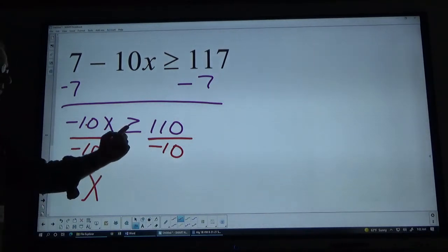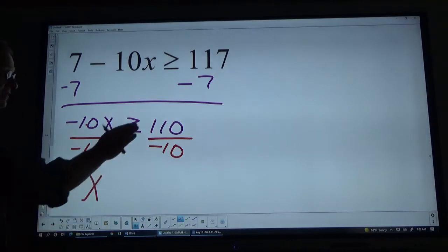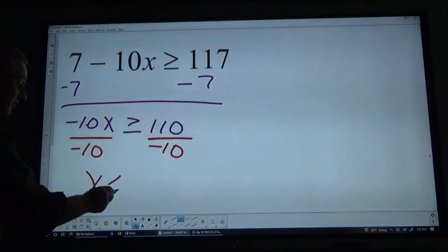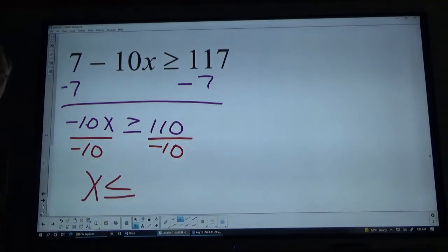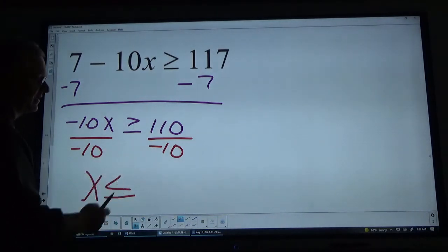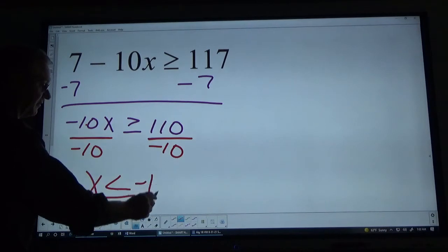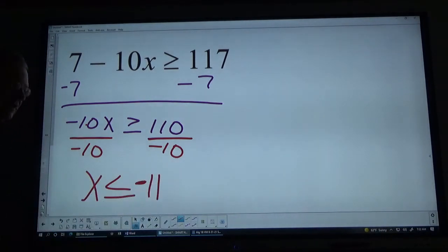I divided by a negative, so I have to change the direction. So instead of pointing to the right, it's pointing to the left. It still includes the equal to part. And 110 divided by negative 10 is negative 11. And there's my answer to that example.